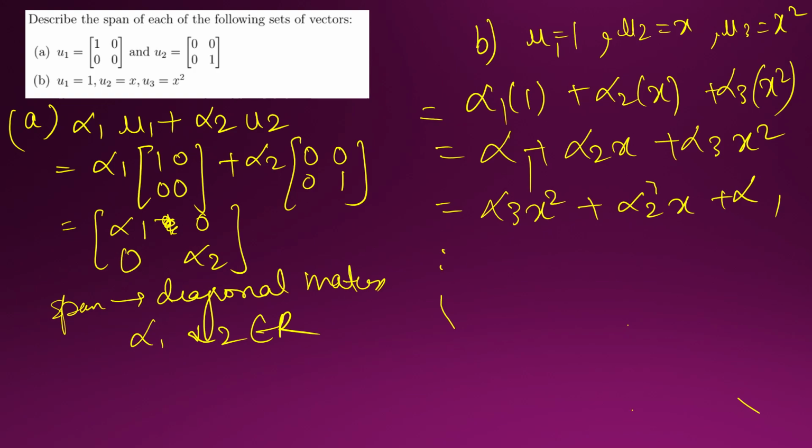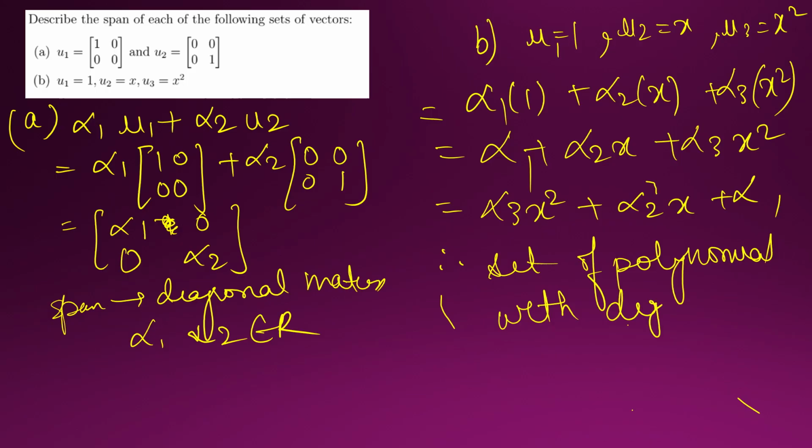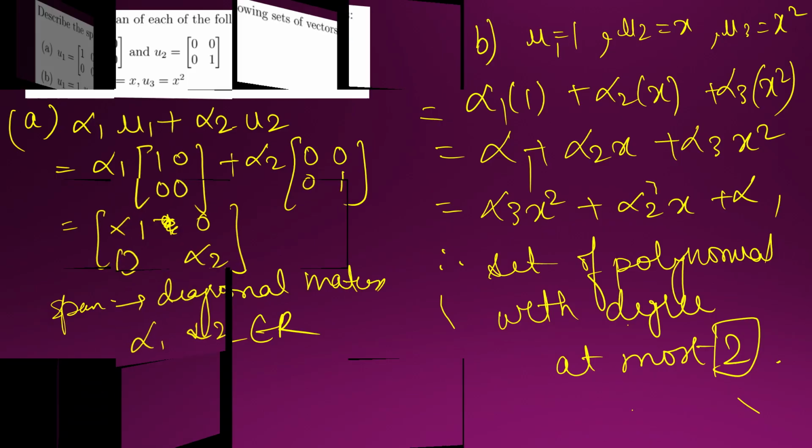So therefore we can write the span is showing the set of polynomials with degree at most 2. So this is your answer. So next question. So this is your next question.